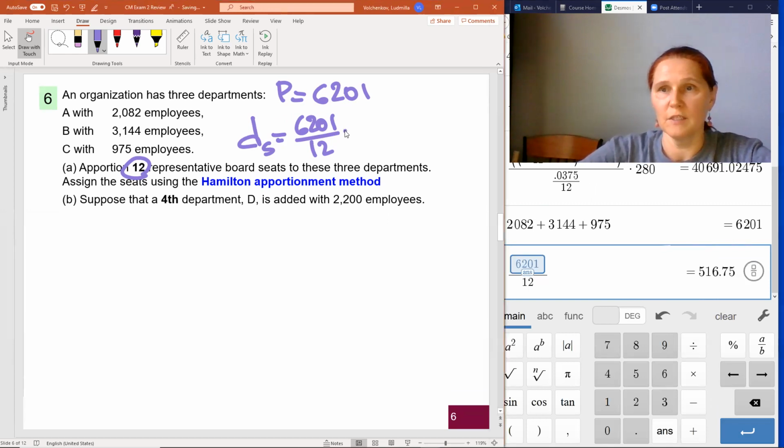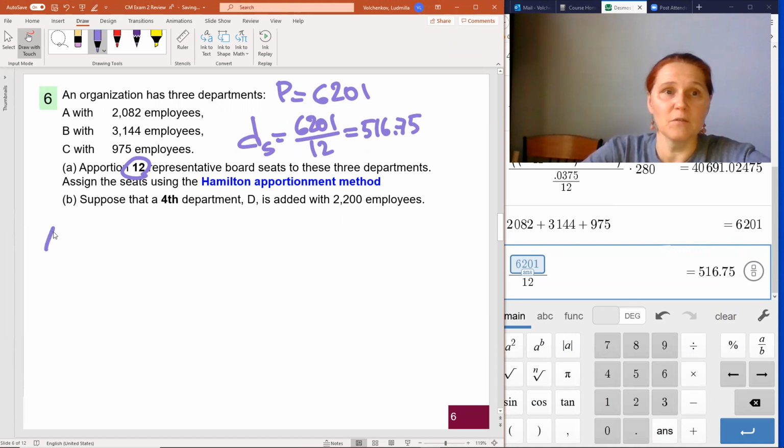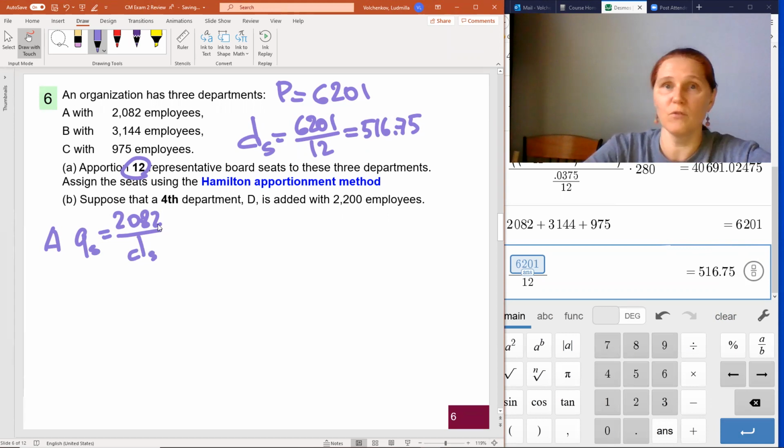So the standard divisor is 516.75. Now for every department, we can find the standard quota, dividing the population, 2082, by the standard divisor, the same for every department.